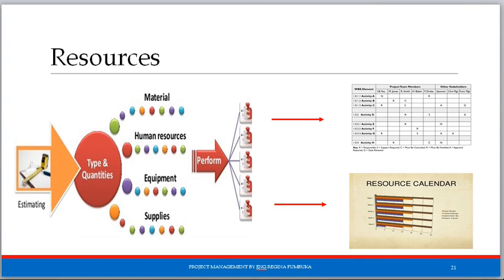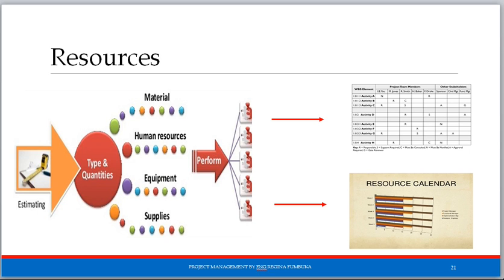So baada ya kutengeneza PDM, unaanza sasa kuidentify kila activity inahitaji resources zipi. Na resources zenyewe tunaangalia material, human resource pamoja na equipment. Na katika resources hizo lazima pia uangalie idadi na type ya resource unayohitaji.